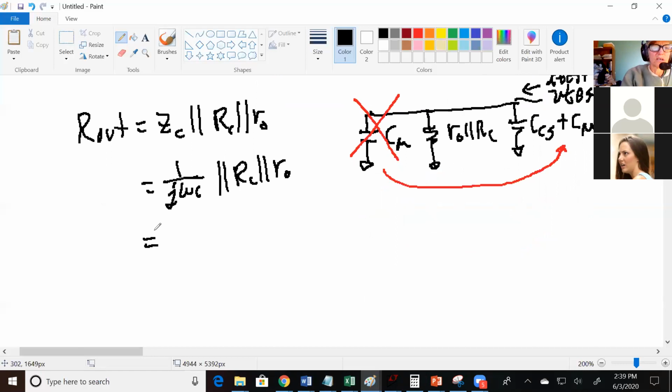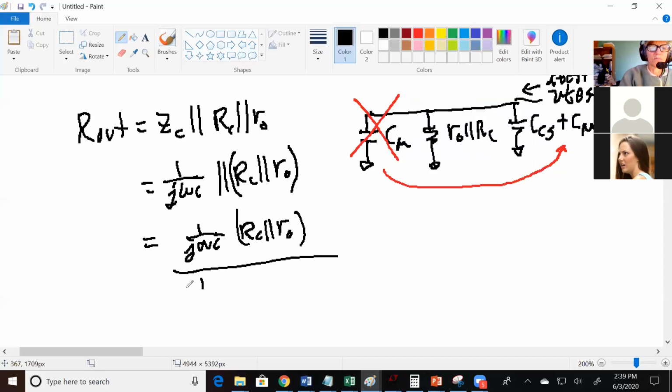So let's treat this as a single resistance. So if you're doing them in parallel, you have J omega C times RC parallel RO all over 1 plus J omega C times RC parallel RO. Just putting them in parallel.